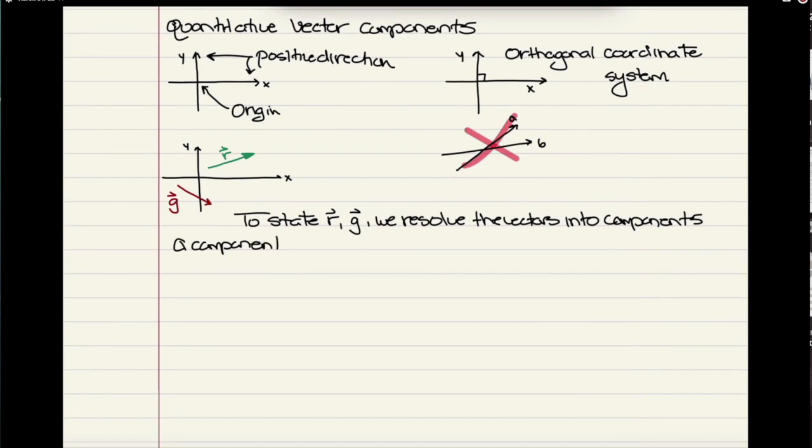And what is a component? A component for each dimension we're considering. So in this case of 2D, there are going to be two coordinates that we have to specify for every vector. In a 3D coordinate system, where there's maybe x, y, and z, we would have to specify 3 numbers.